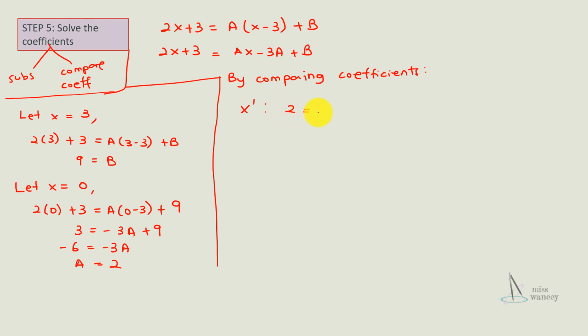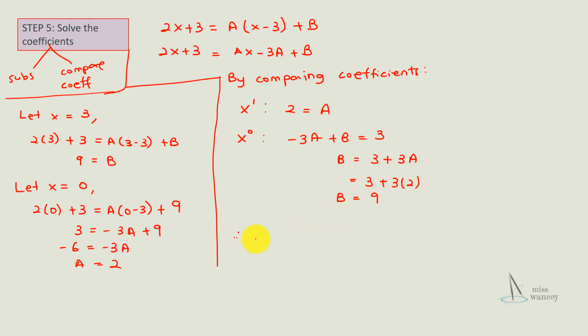So 2 is equal to A. If I compare for the constant, we should be able to see -3A + B is equal to 3. So B must be 3 plus 3A. A is 2, so this is 3 plus 3 multiplied with 2, 6, 3, so this is 9. So I have the value of B as well.